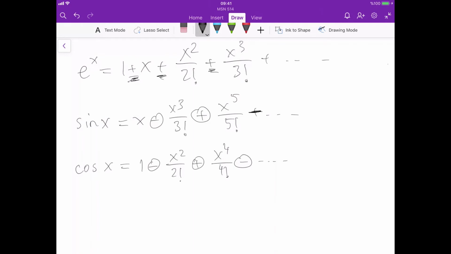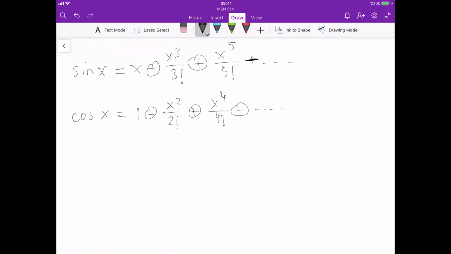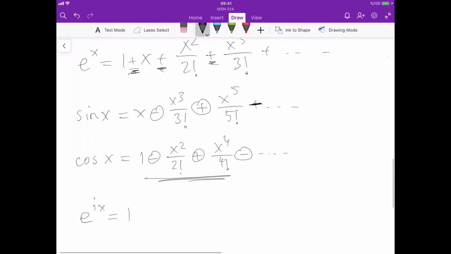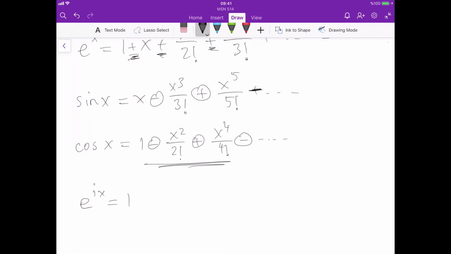Well, you can use, are you sure about this one? If you write cosine x plus i sine x, e to the ix. Yes. Exactly. e to the ix will give me 1, right? Then plus i times x, right?